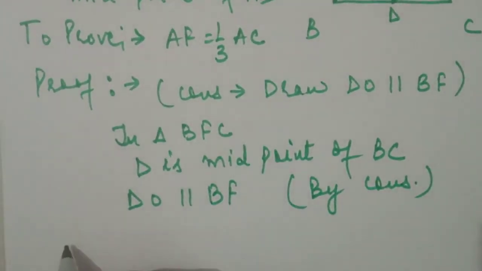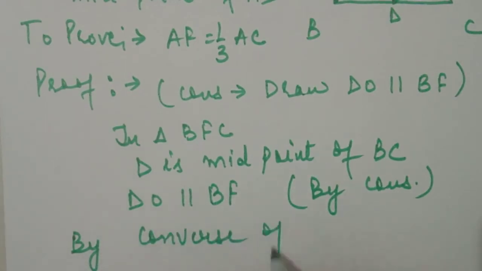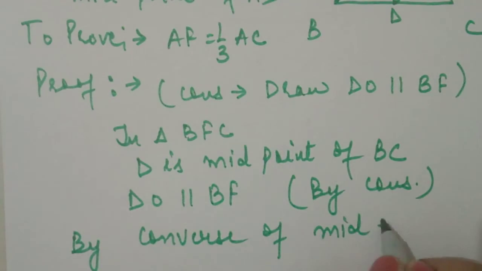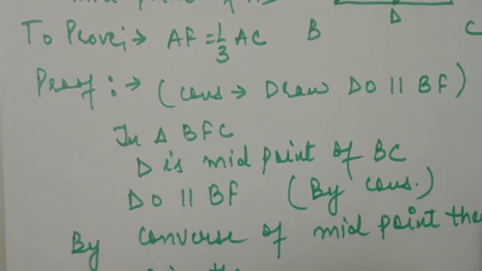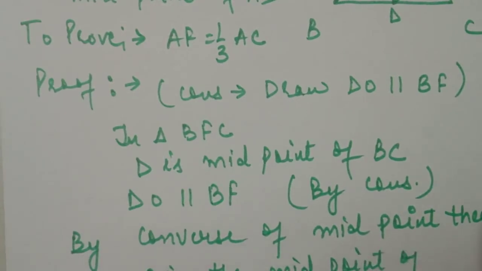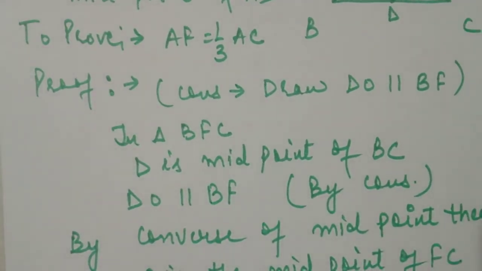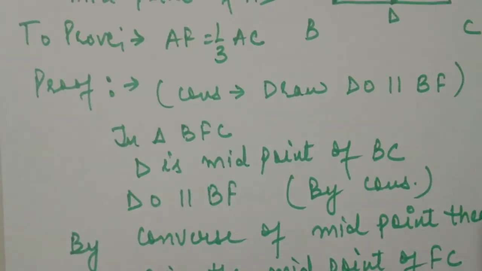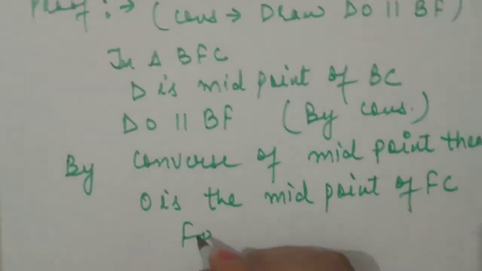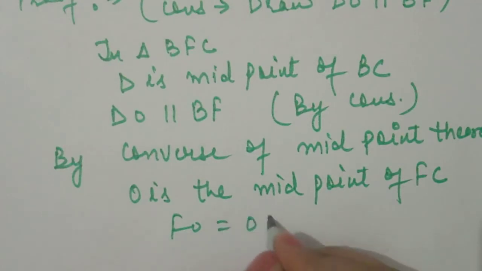So students, by the converse of the midpoint theorem, O is the midpoint of FC. It means FO is equal to OC.